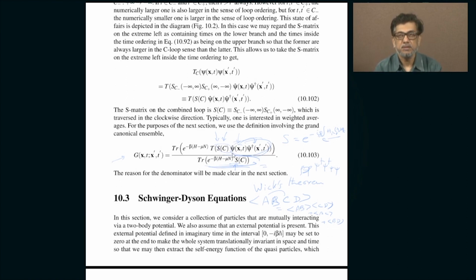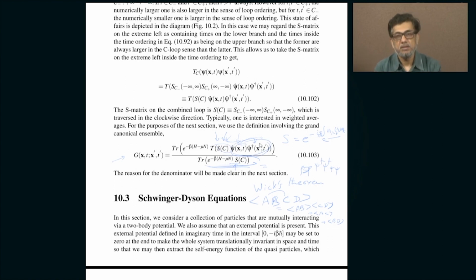So the original claim was that this way of defining Green's function will only involve the S matrix in one place, namely in the numerator. But that is true so long as you remember to omit terms, in the perturbation expansion, which involve pairing psi and psi dagger.